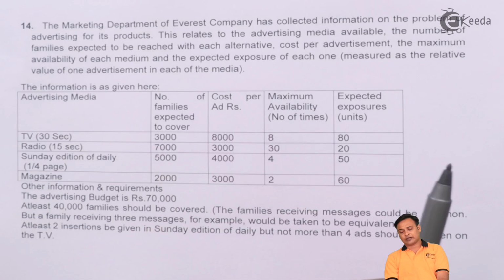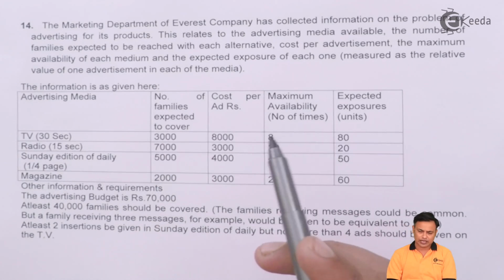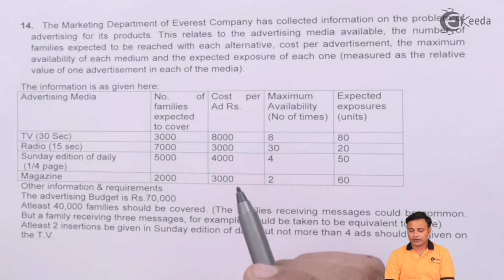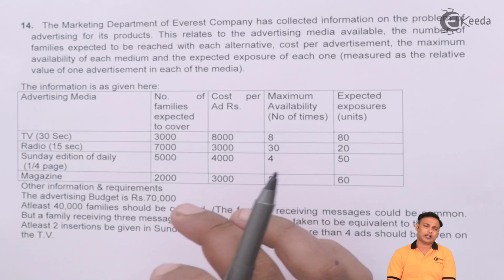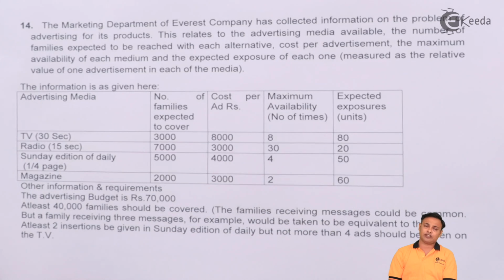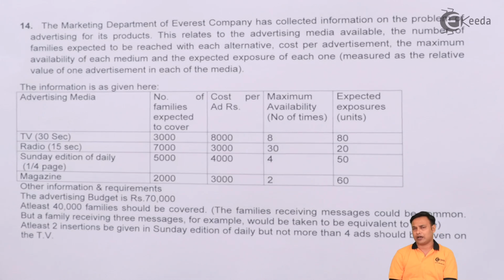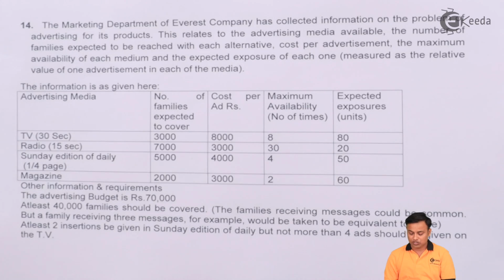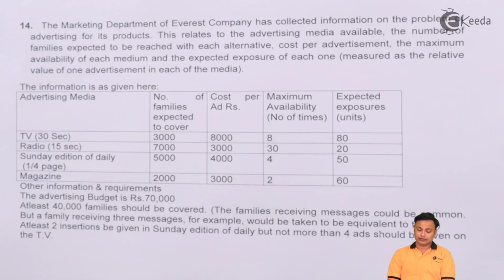So based on these factors, we need to formulate a problem where it will be decided how many advertisements should be placed in which particular media. We are given a table here. In the table we have 4 different mediums. We have TV, radio, Sunday edition of a newspaper or a daily newspaper, and we have a magazine.